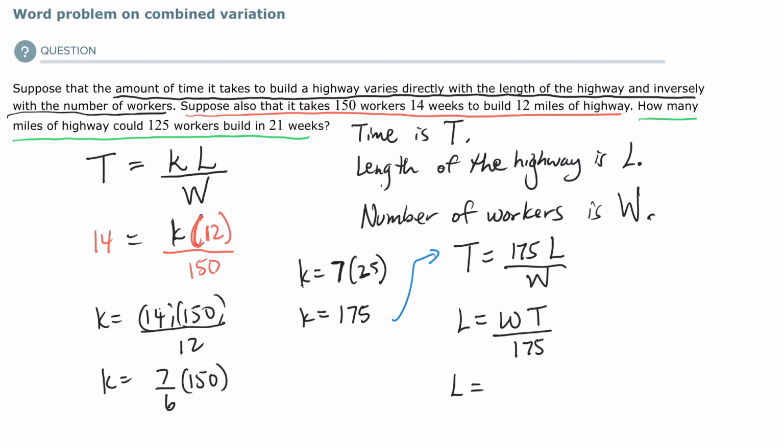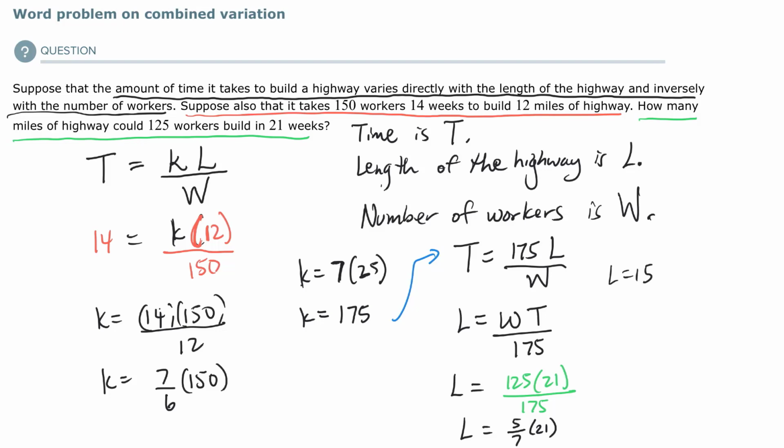According to that, 125 workers, the time is 21 weeks, and then we simply divide it by 175. So L is equal to 5/7 times 21. What's 21 over 7? That's just 3. So L is 15.